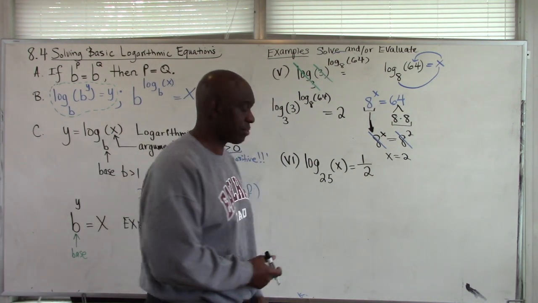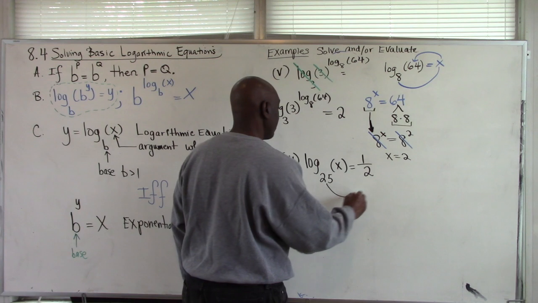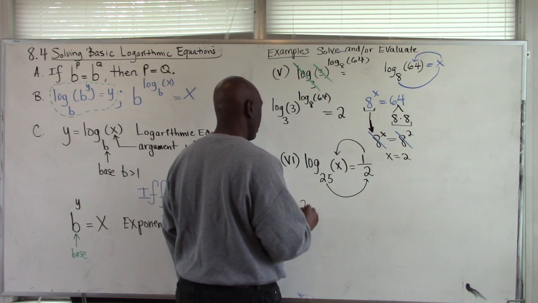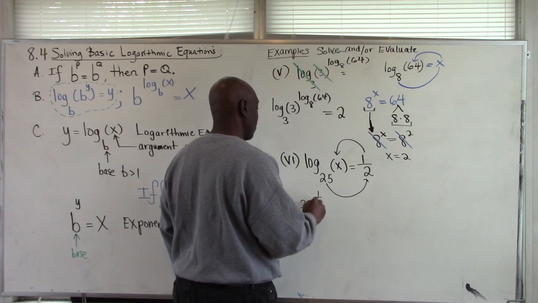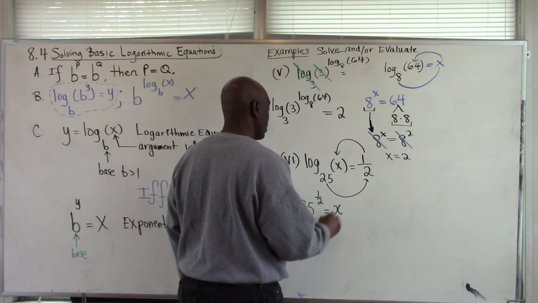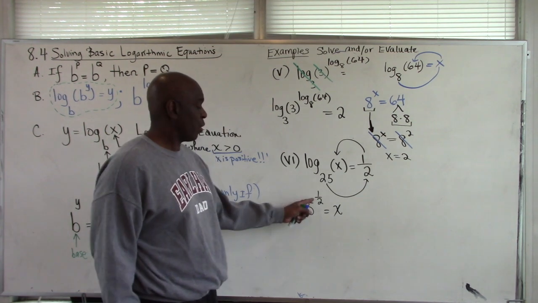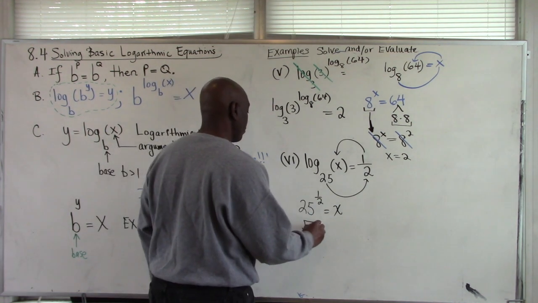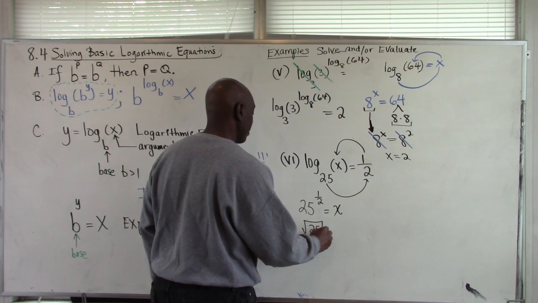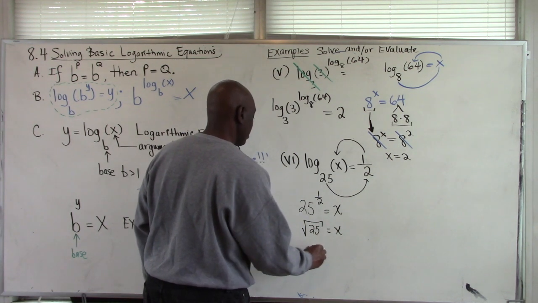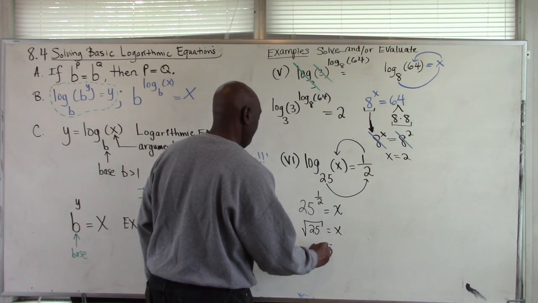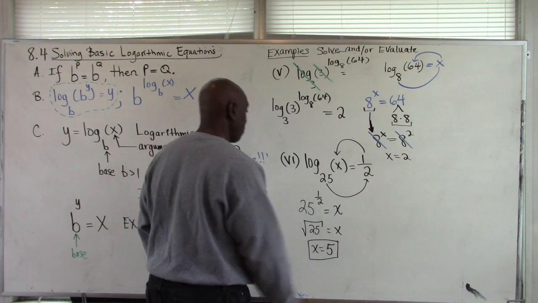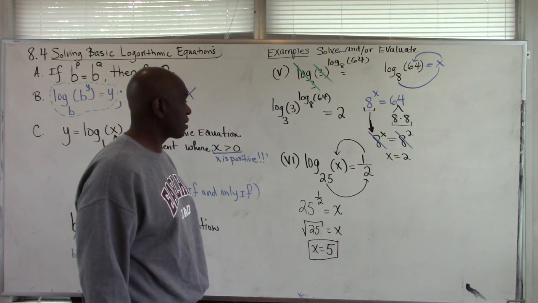Same thing, wheels on the bus. 25 to the power of 1/2 equals x. Well, the 1/2 power represents the square root. So it's the square root of 25 equals x. So x has to equal 5. That's what x is. So that's done. That's example 6.